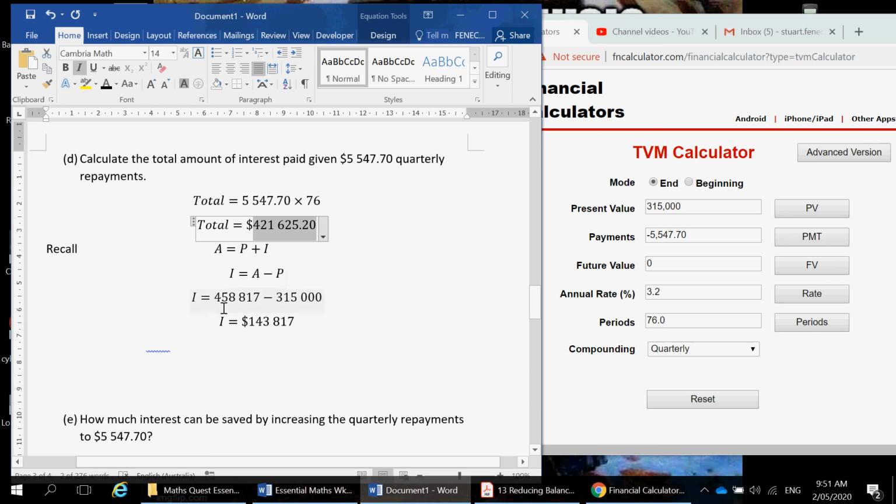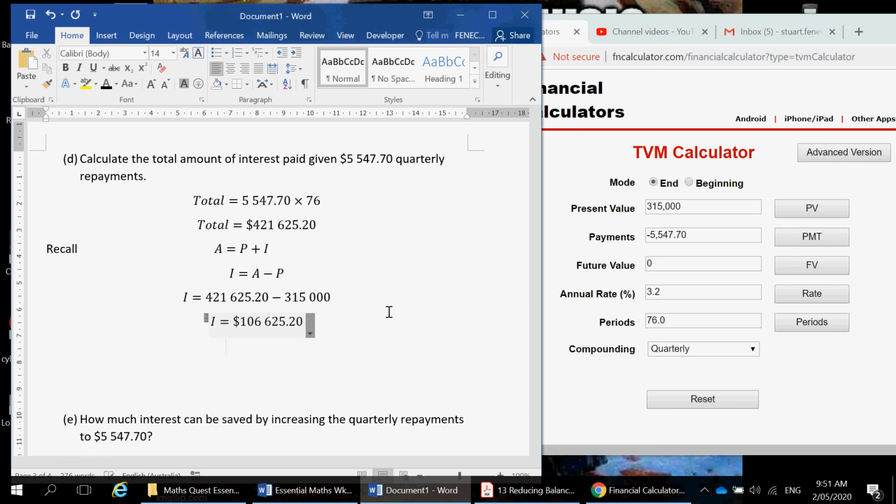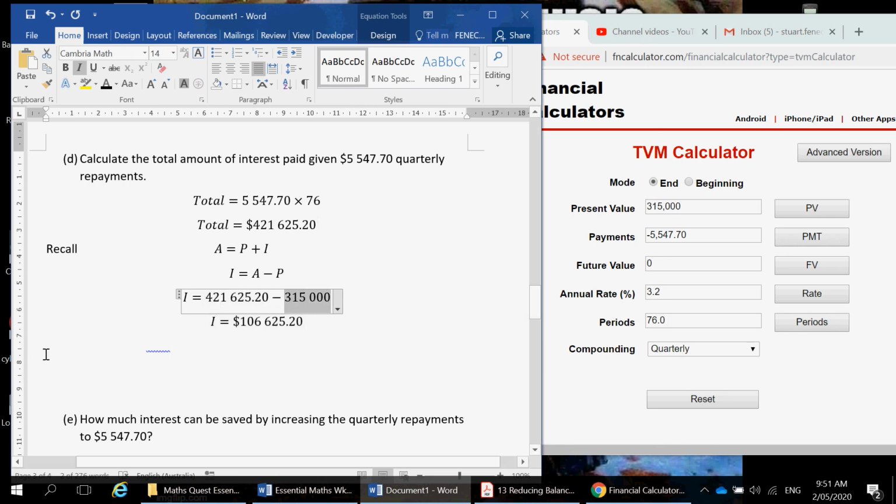So he's paid this amount, and we subtract the original amount borrowed, which is $315,000. You'll get $106,625.20. Right? So he paid that amount, paying off the home loan. He borrowed that amount. The interest is the difference between the two, which gives you that dollar value there.